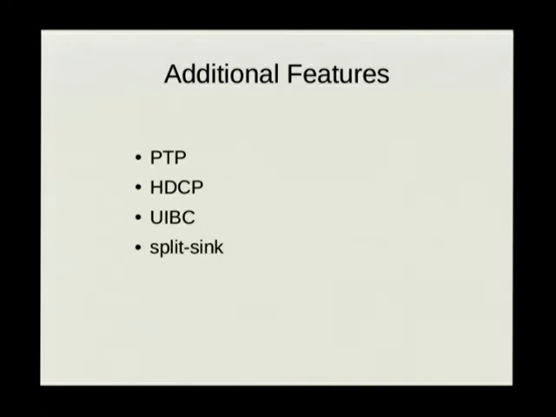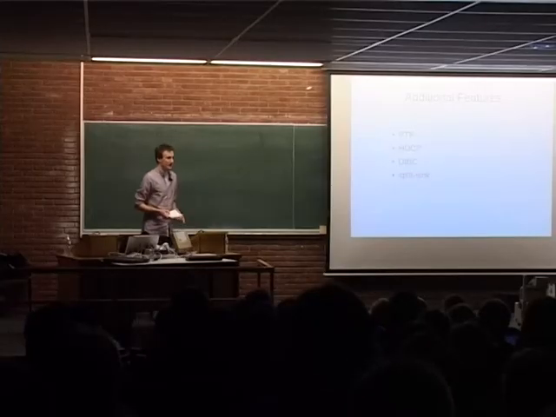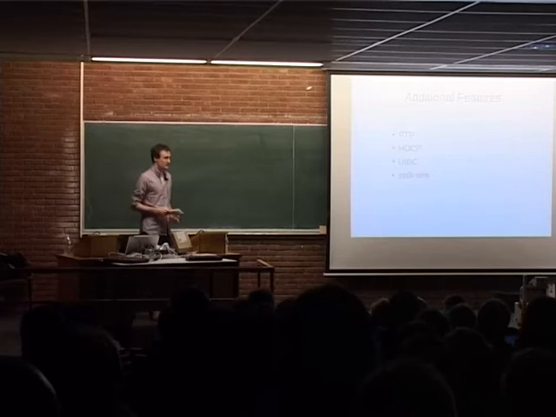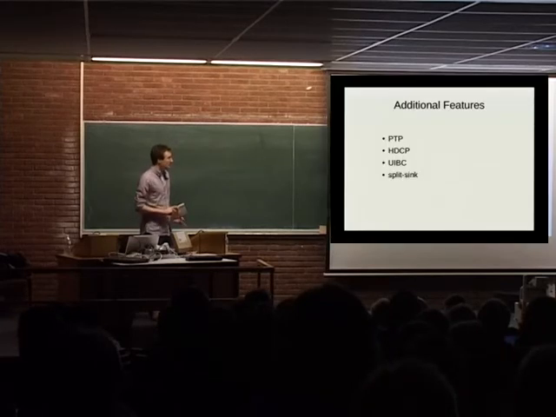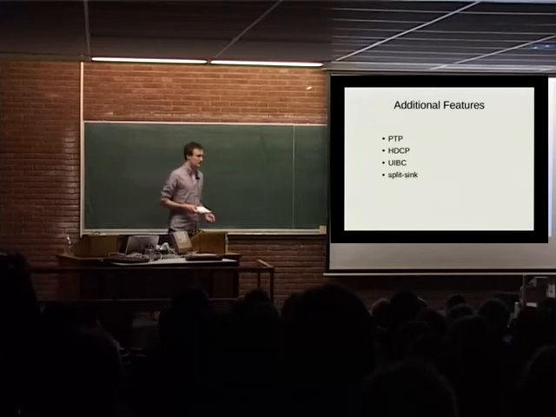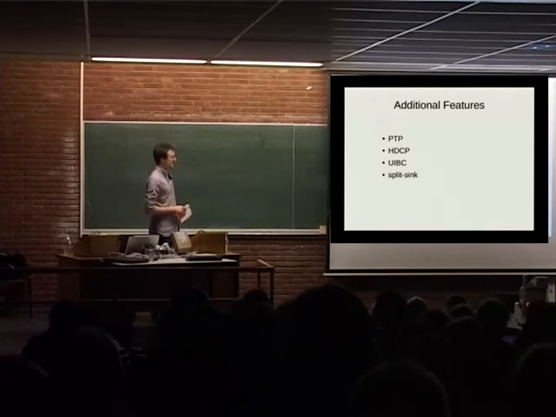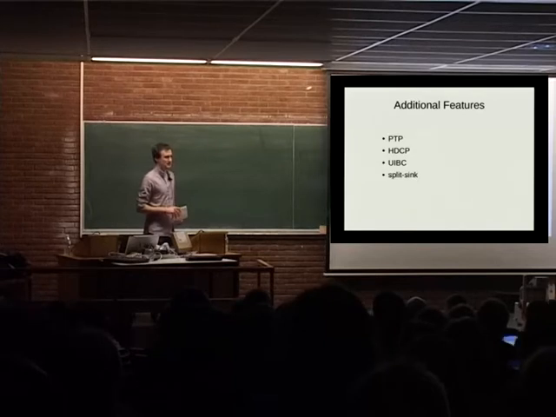Split sync means you have one audio device and one video device, and you send the video only to the video device and the audio only to the audio device, and they are not connected to each other, and you obviously need to sync the clocks between all three, or it won't work. But that's optional too.